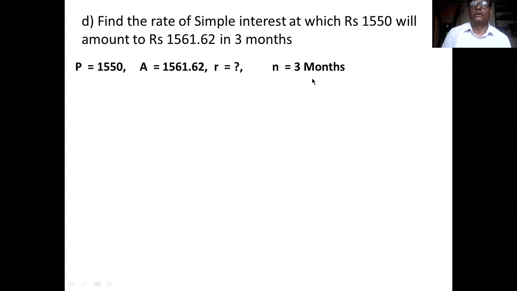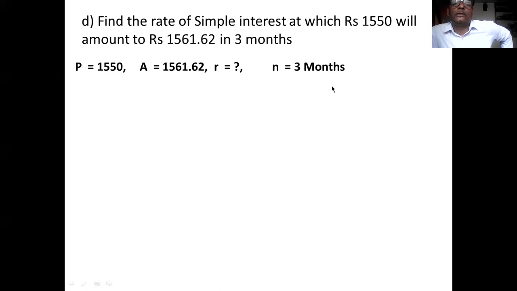Then next is N. N is 3 months. You have to convert it into years. Remember this. Don't take N in months or days. Again I am repeating, always take N in the form of years, not in months or days. Clear? Or any doubt?